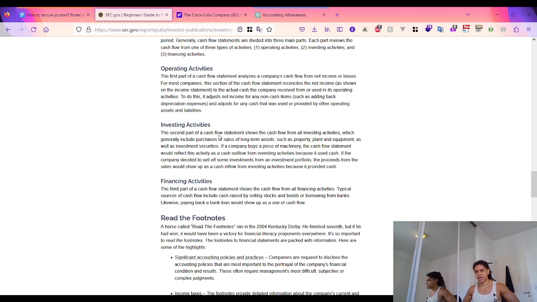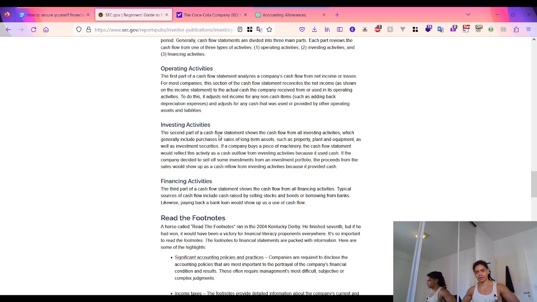So for example, when you purchase a laptop and its peripherals, for example keyboard, mouse, or when you purchase a mobile, it counts as plant and equipment, as well as investment securities. This is another purchase as well.